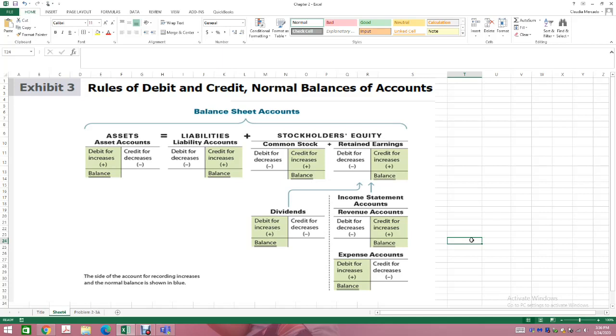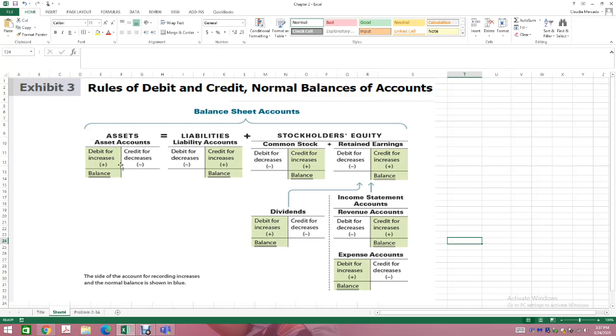So, let's say, for example, assets. What is an example of an asset? Okay, an asset is anything that you own, okay? So, assets are anything that belong to the company, okay? So, the biggest asset most of the time is your cash, right? So, we have cash. The normal balance of your cash account should always be a debit.